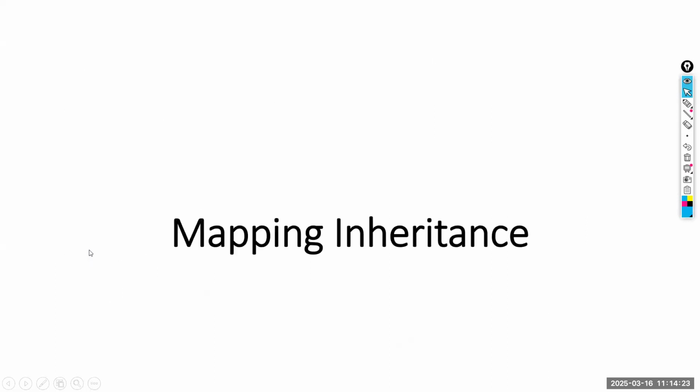Right, so now finally we move on to mapping inheritance. Remember, relational databases are not object-oriented databases, but relational databases also support certain object-oriented concepts, especially in modern databases. But actually, you don't need specific support from the database.